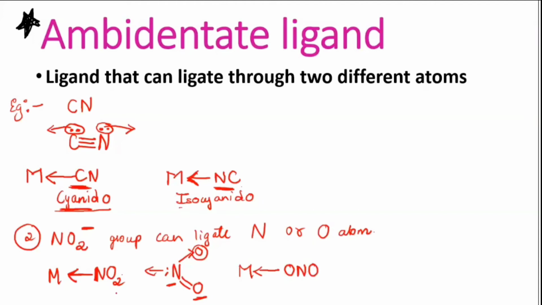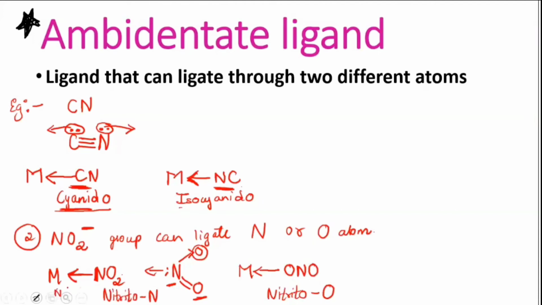In the NO2 group, if nitrogen is donating, then we write it as nitrito N, and you have to mention that nitrogen is a donor here. On the other side, oxygen is a donor, so you will write nitrito O. This is a new way of nomenclature: nitrito N and nitrito O. The old nomenclature you will find in some of the books, they just write nitro.